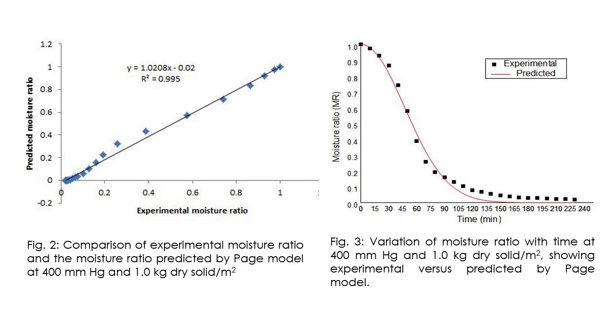Figure 2 shows the comparison of experimental moisture ratio and the moisture ratio predicted by the Page model at 400 mm mercury vacuum level. Figure 3 represents the variation of moisture ratio with time at 400 mm mercury with a loading rate of 1 kg dry solid per meter square, which shows the experimental values versus those predicted by the Page model.